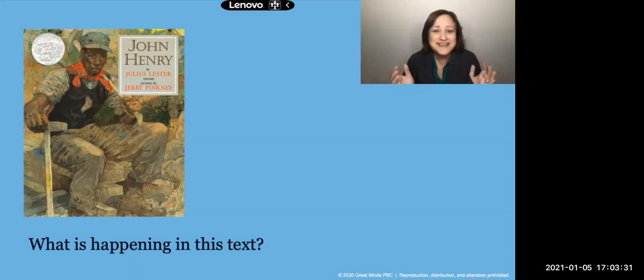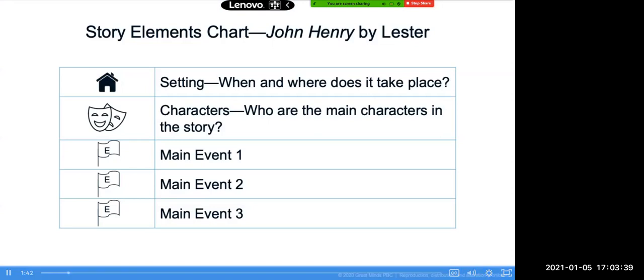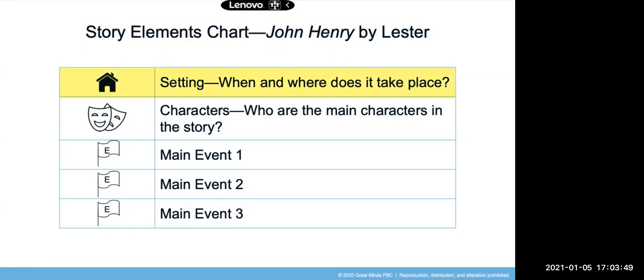What is happening in this text? Let's look at those big events. As we dig into John Henry by Julius Lester, we'll use the story elements and the story stones to help us think about this text. We'll begin with the setting and then move to the character and then the main events in this text.